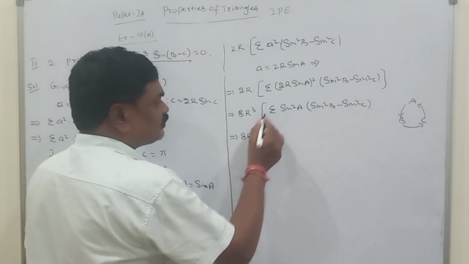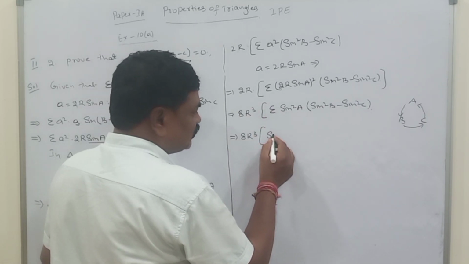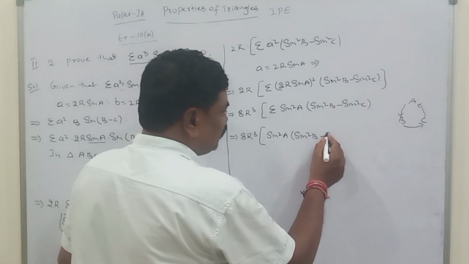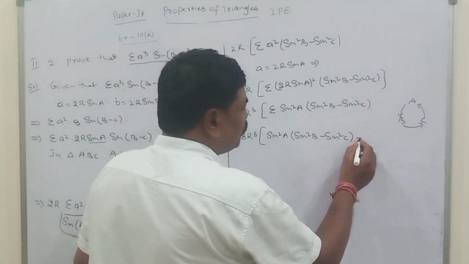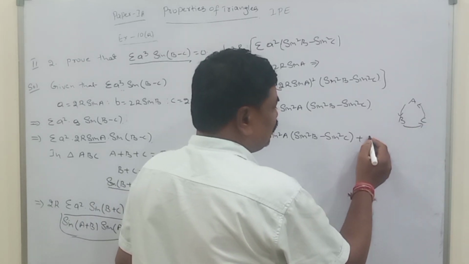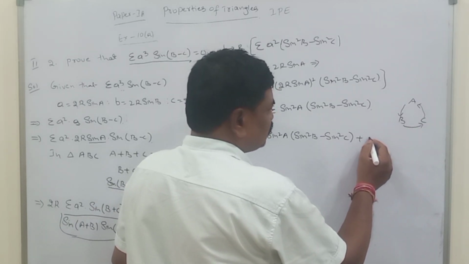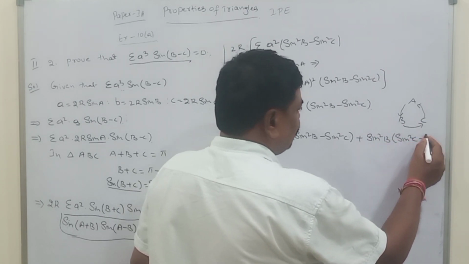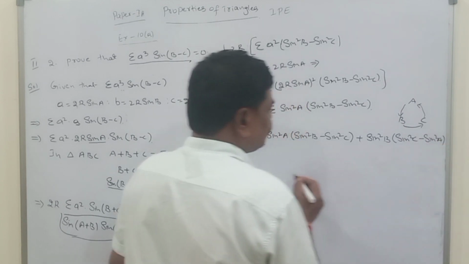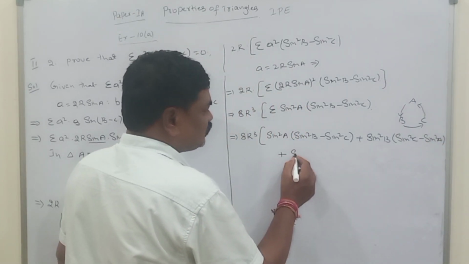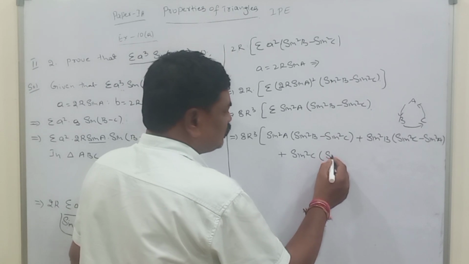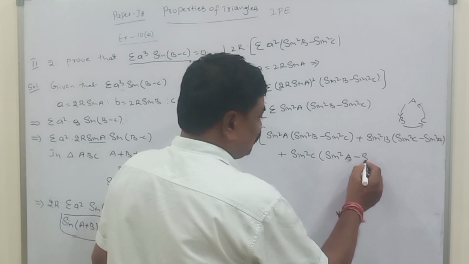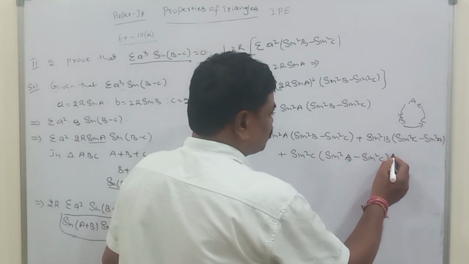This can be written as sigma: sin square A into sin square B minus sin square C, plus sin square B of sin square C minus sin square A, plus sin square C of sin square A minus sin square B.